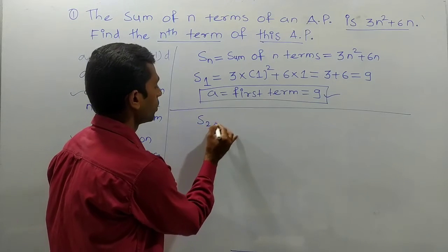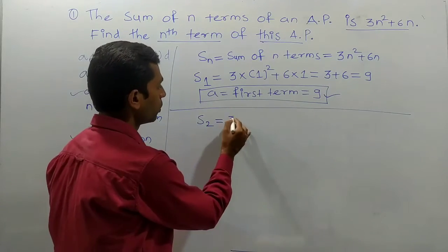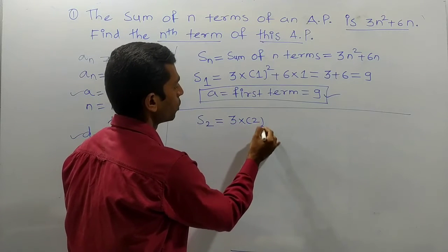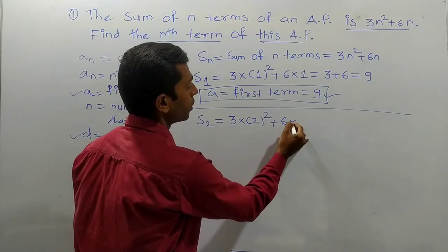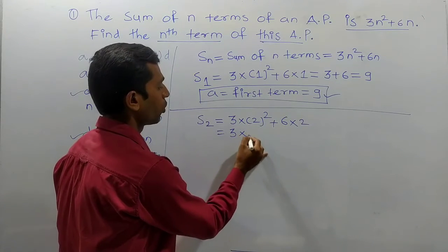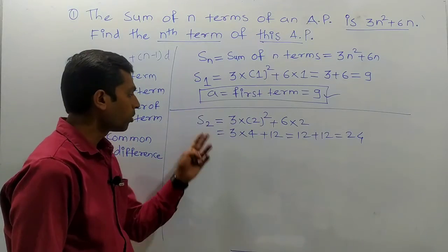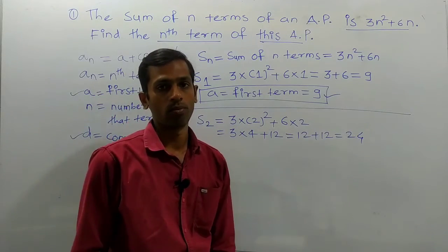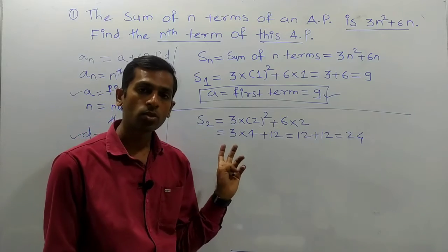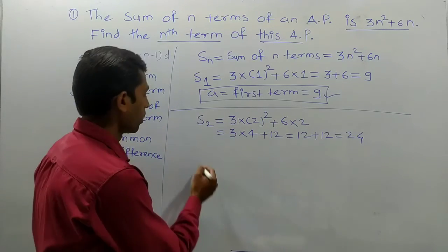So S2 is equal to, just put 2 in place of n, 3 into 2 square plus 6 into 2. That means 3 into 4 plus 12. Now the sum of two terms is 24, and these two terms are the first term and the second term.